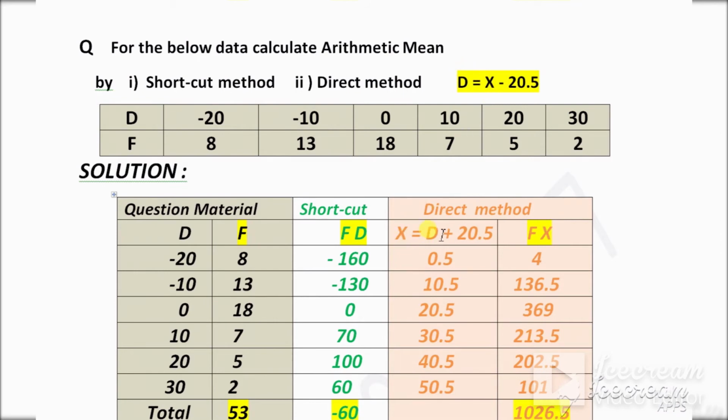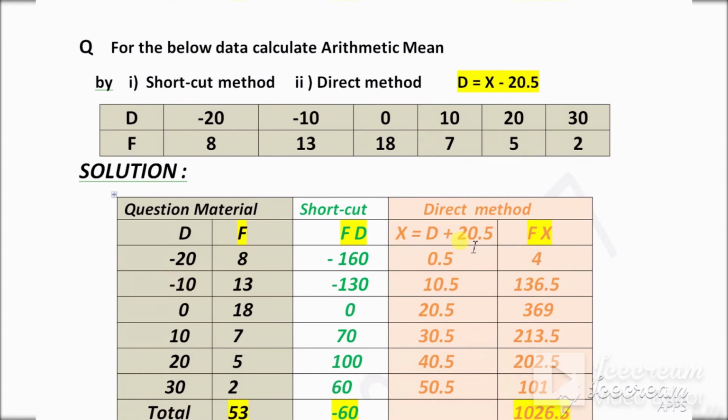So x is equal to d plus 20.5. What does this mean? This means add up 20.5 with each number of d. So these are the numbers of d. Add 20.5 to each of these numbers and you will get x. So negative 20 plus 20.5 is 0.5.